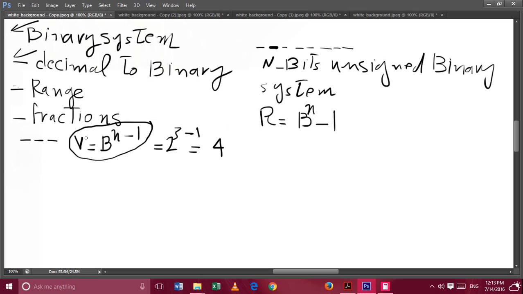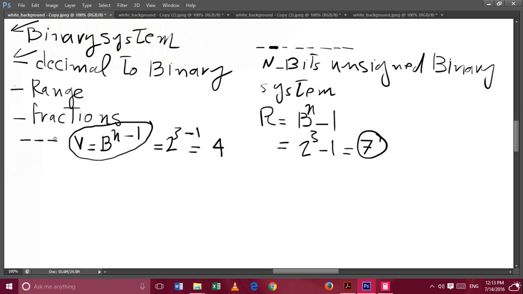As an example, if we have a 3 bits unsigned binary system, it is capable of representing values up to 2 to the power 3 minus 1. That would be 2 to the power 3, that is 8, minus 1 equals 7. Now let's double check that.